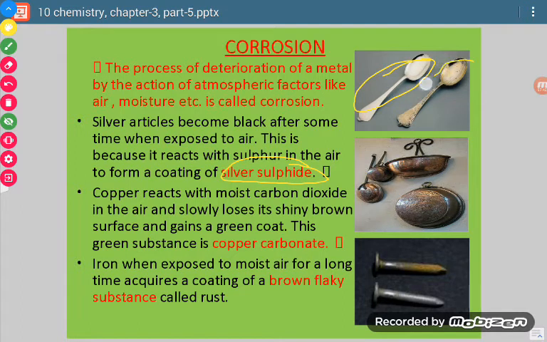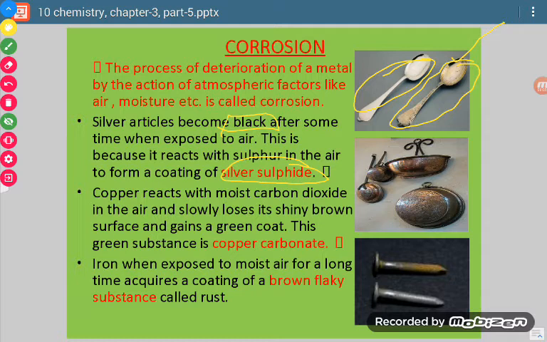Silver sulfide gets deposited and because of this, its color becomes black. Its shining metallic luster is lost. This black color is because of the presence of silver sulfide, which is formed by the action of silver with atmospheric gases like sulfur dioxide, etc.